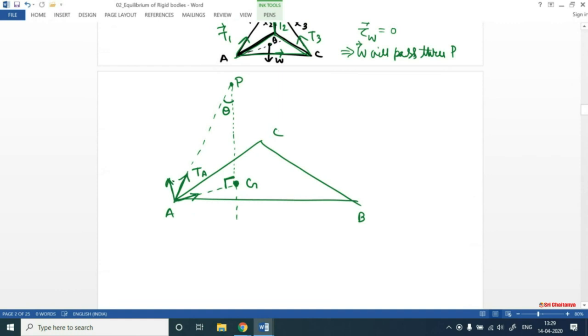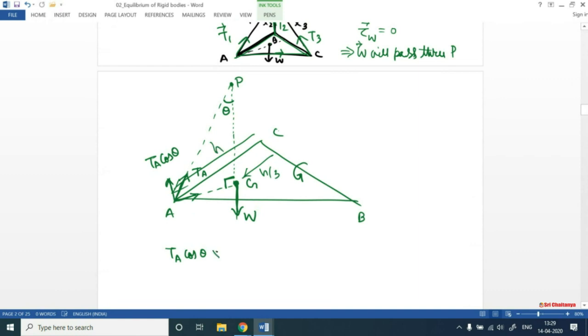So this component is going to be TA cos theta, and the weight would be vertically downward, that would be W. And again, like in the previous question, if we balance torque about BC, the torque due to TA would be TA cos theta, and this thing would be h by 3, and this perpendicular distance would be h using the geometry.